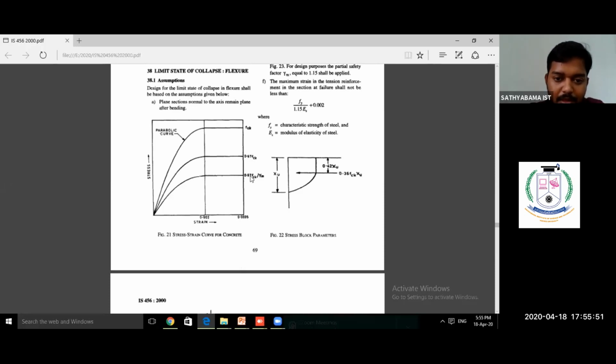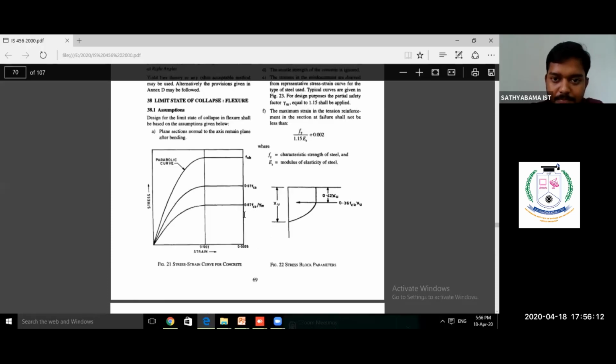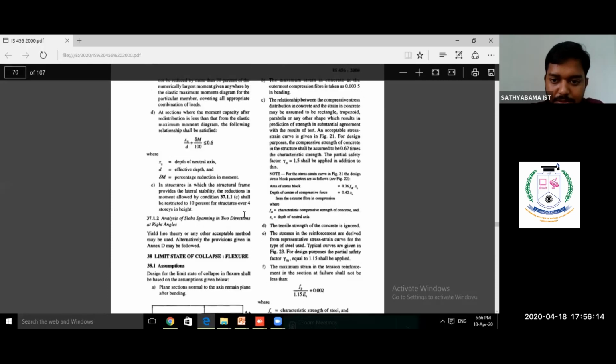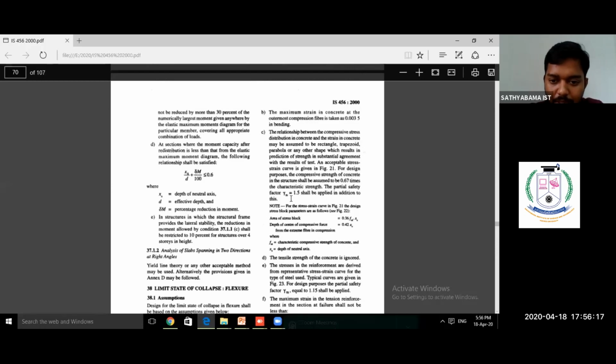And when you apply the partial safety factor gamma m, again the maximum stress will further reduce, to 0.67 fck divided by gamma m. Clear? And the maximum compressive strain allowed is 0.0035 only. That is what is given in these assumptions. And gamma m is taken as 1.5.